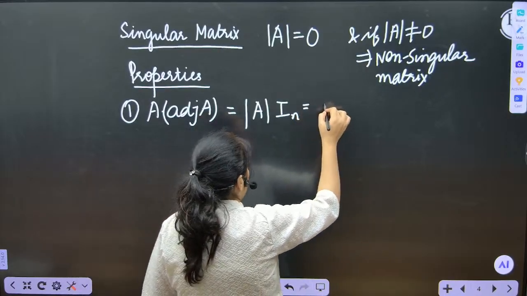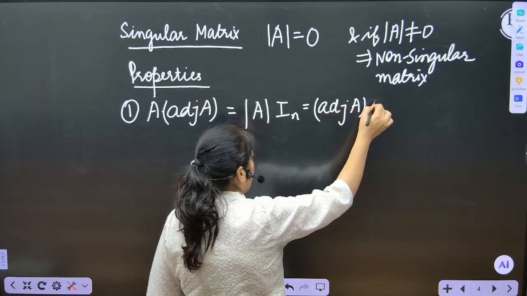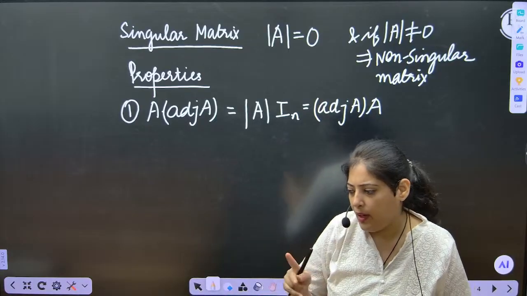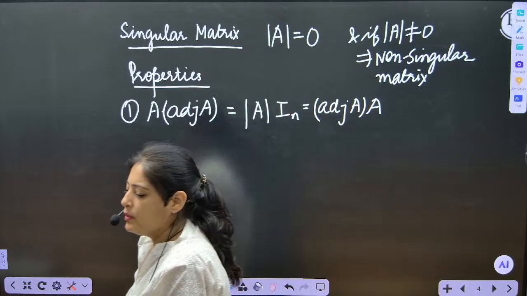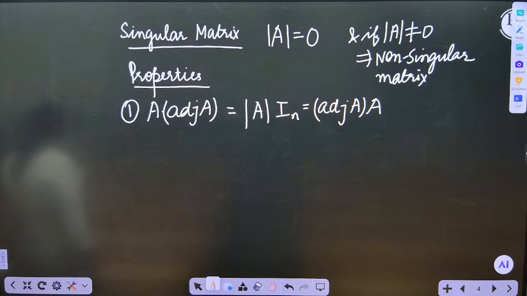Either you write A into adjoint of A, or you write adjoint of A into A, they are commutative. Note it.